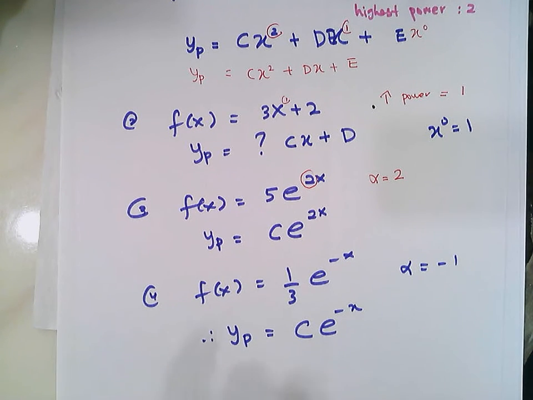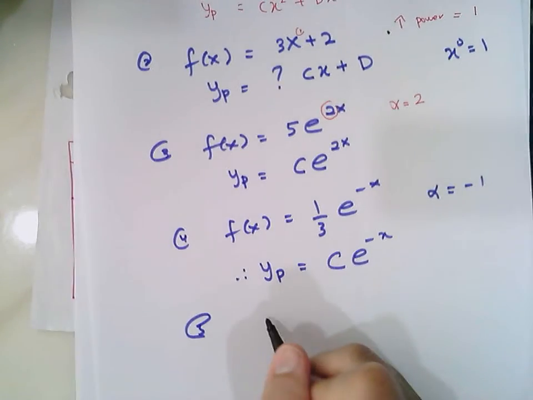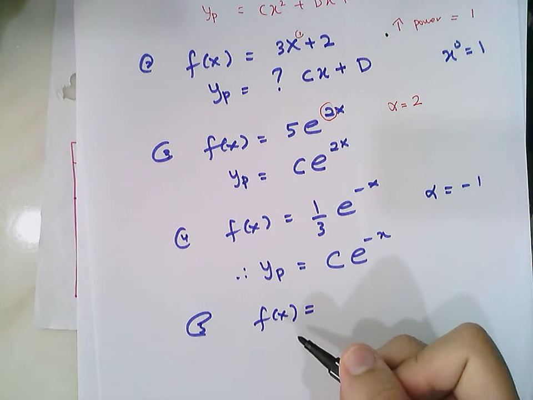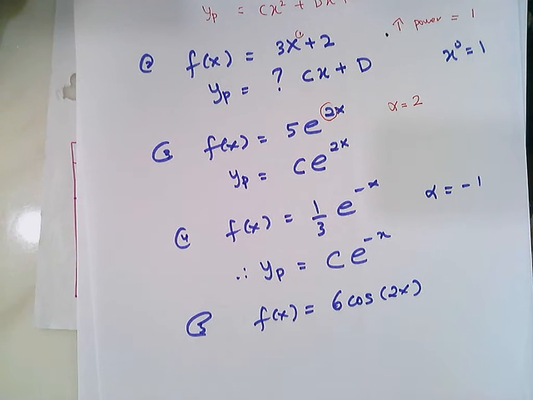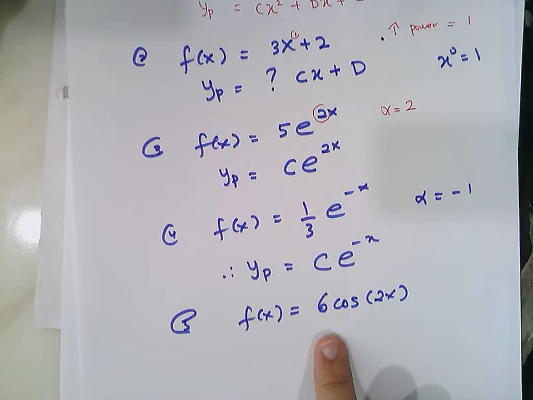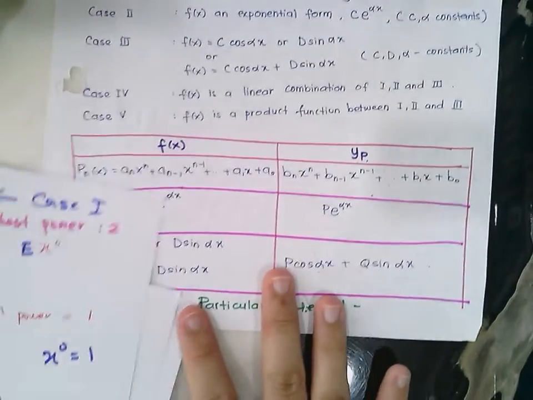Now what if you have a trigonometric function? Say your fx is equal to 6 cos 2x. Before finding the value of alpha, take a look at this one.